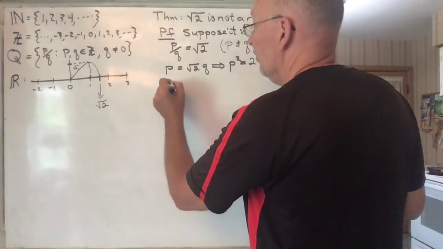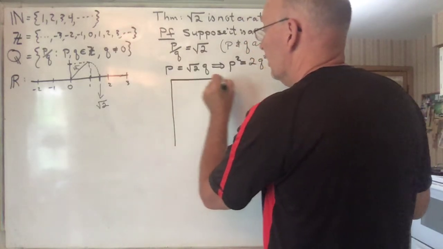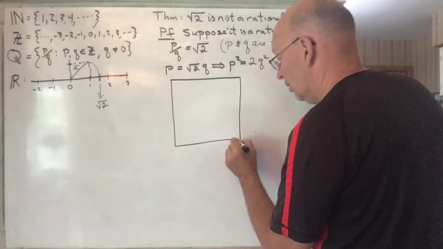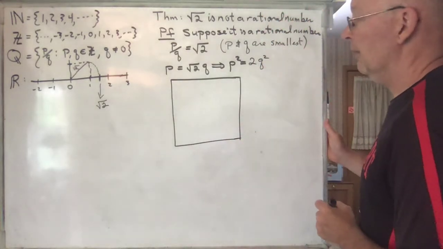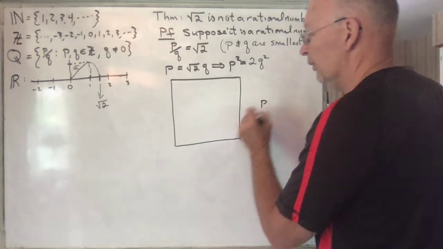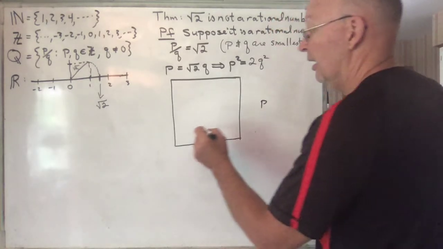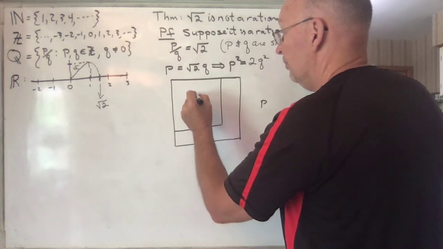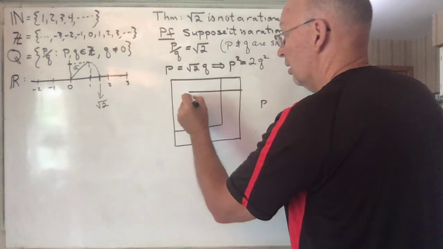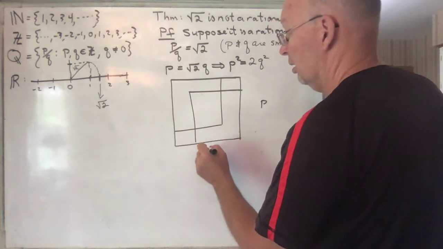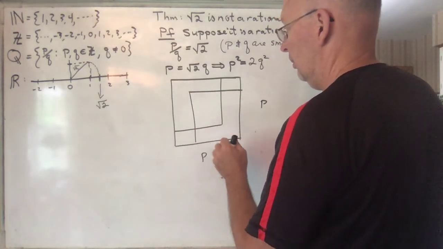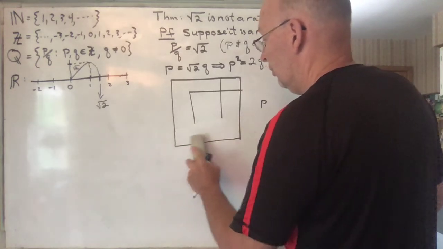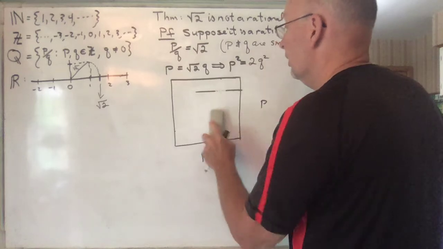Let's draw ourselves a picture which can be represented by this. We're going to let that be a length of p. I'll write p here, it's a square. And I'm going to let this be q. I'm going to make it just a little bit smaller.